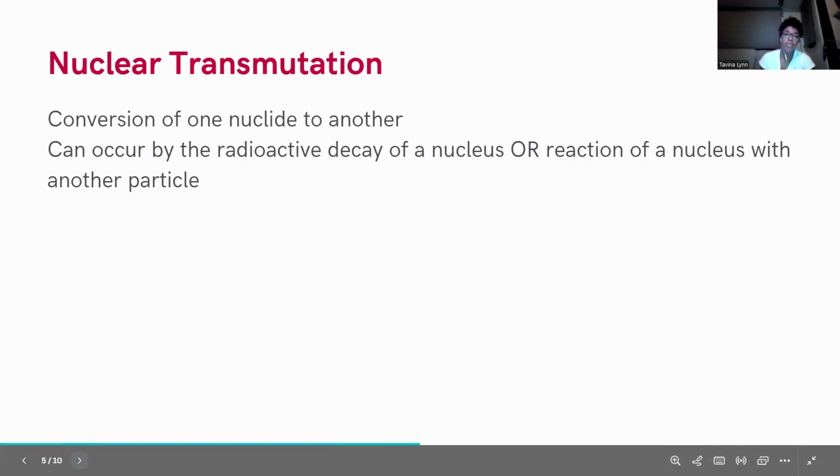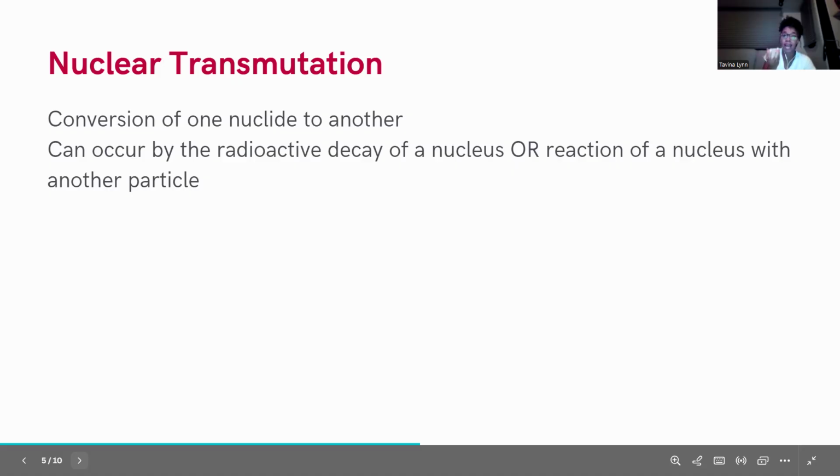So let's talk about nuclear transmutation, right? When we looked at chemical reactions, chemicals undergo molecular transformations. Whereas in nuclear chemistry, the nucleus undergoes transmutations. So this involves a conversion of one nuclide to another, right?